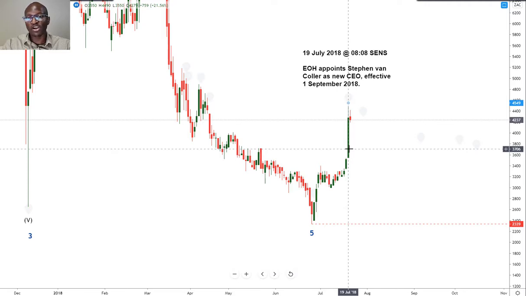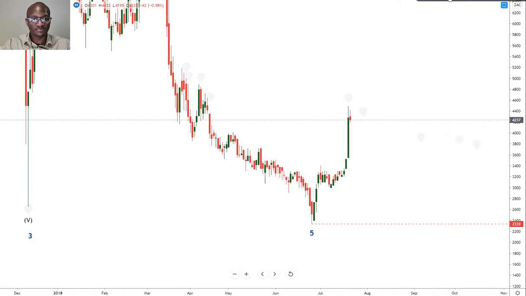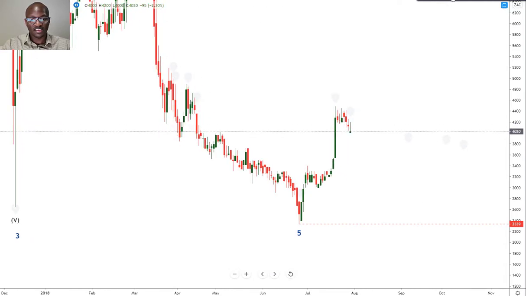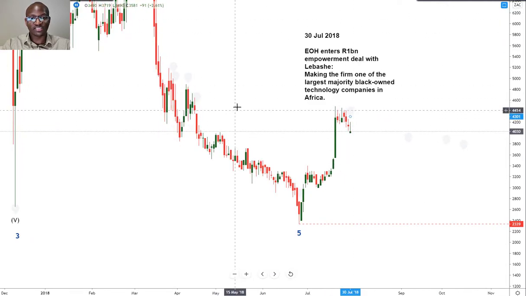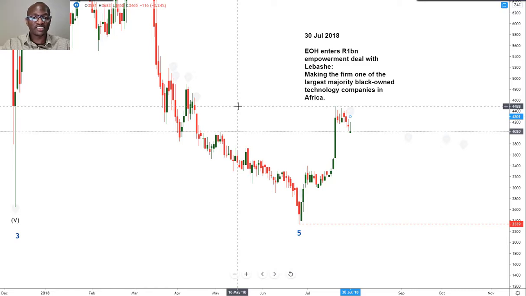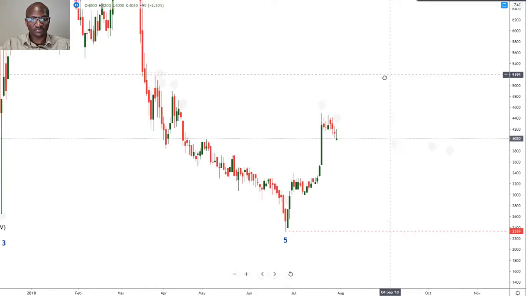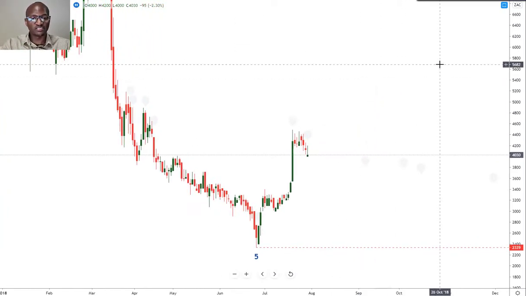The share was up almost 22% that day. And not long thereafter, another announcement: EOH enters into a $1 billion empowerment deal with Lebashe, making the firm one of the largest majority black-owned technology companies in Africa. So at least some positive news here and there.